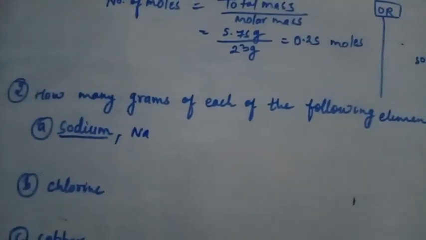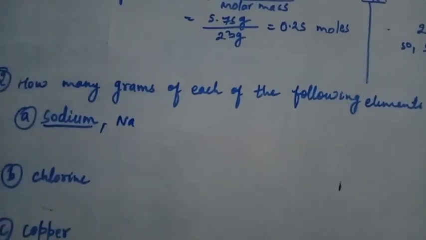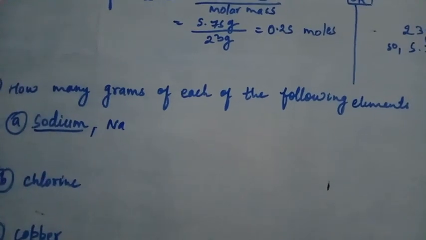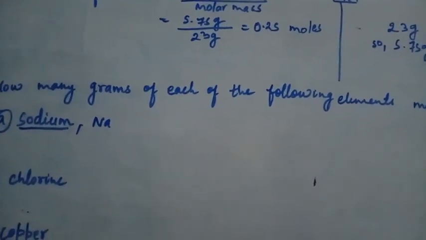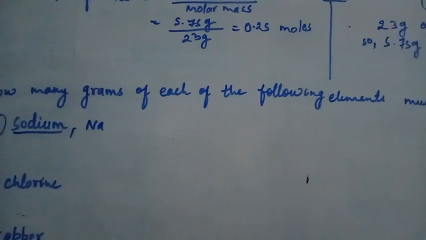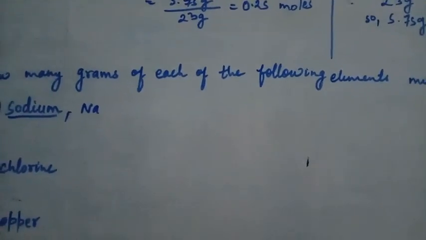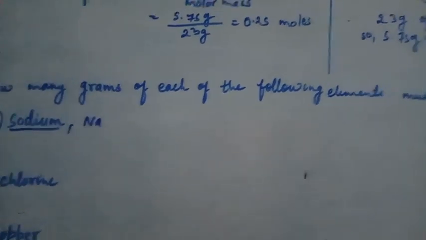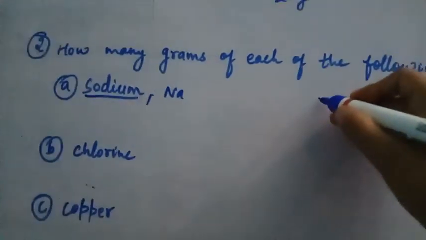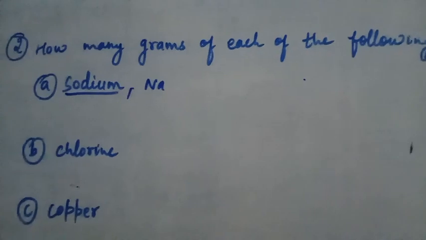You know the atomic mass of sodium is 23 u, so 1 mole of sodium will be 23 gram. Or you can calculate it also like that.